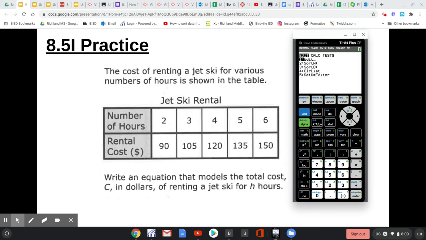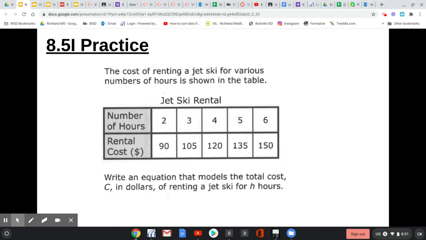We're going to hit stat, tab, 4, enter all the way. And I can see my slope is 15 and my y-intercept is 60. So the equation would be y equals 15x plus 60.